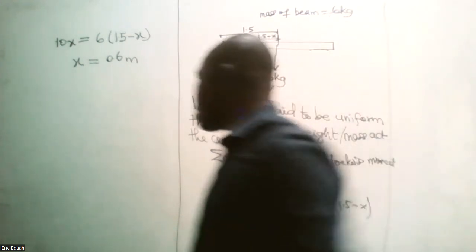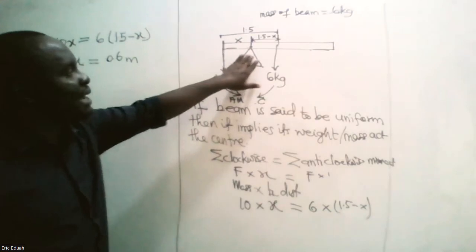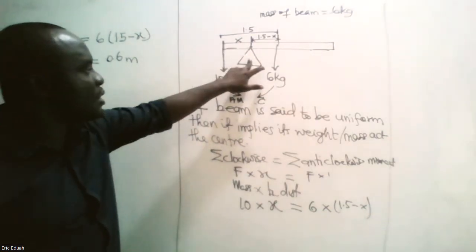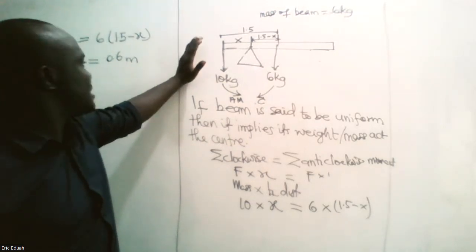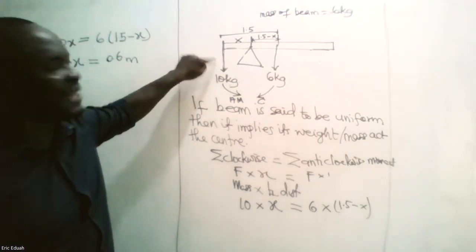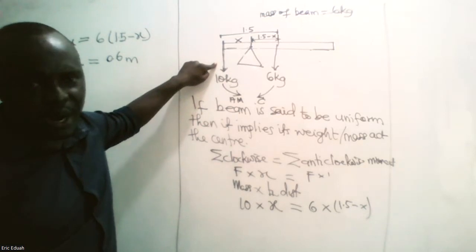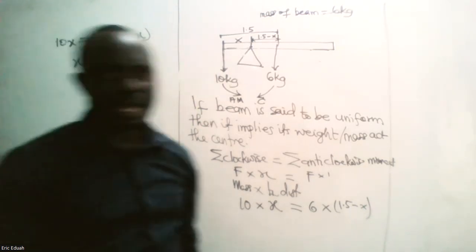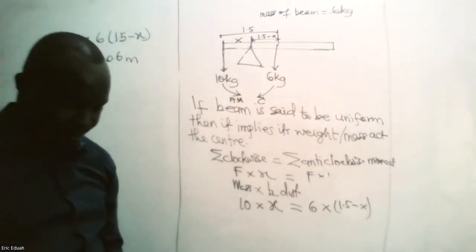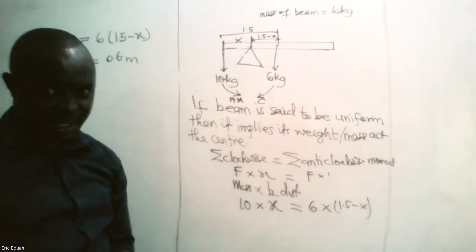Good. So it means that to balance this, the support would have to be placed at 0.6 meter from the end where the 10 kilogram mass hangs. That's all. Any question?